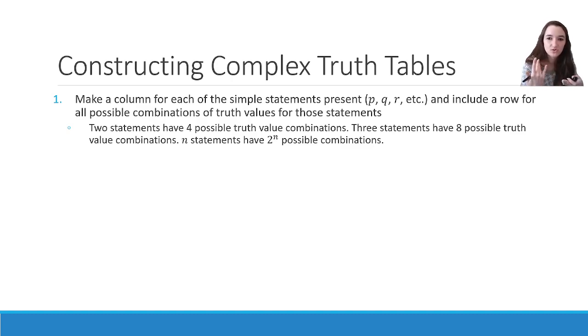So 2 to the first power is 2 when there's just P. 2 squared is 4 when there's P and Q. 2 cubed is 8 when there's P, Q, and R. Do you need to memorize that? No. And you're also not going to see more than 3 statements in a truth table for this class. So you don't really need to worry about that. But it's something to remember: you need to make sure you have enough rows to go with the number of simple statements being made.